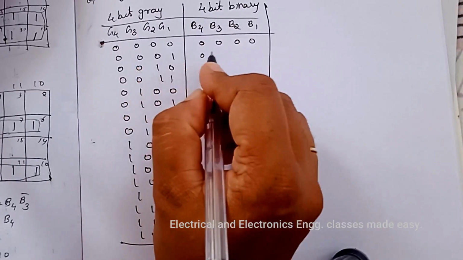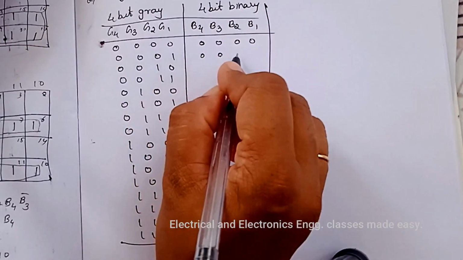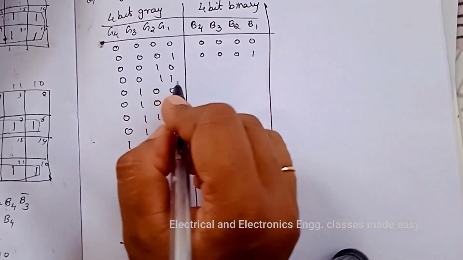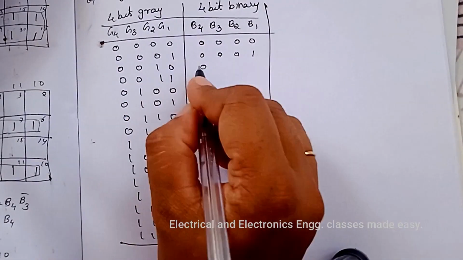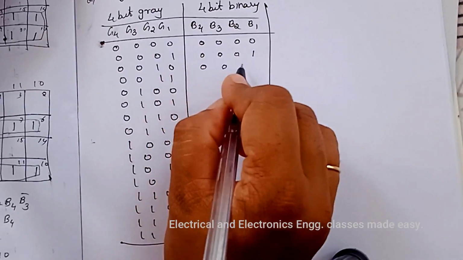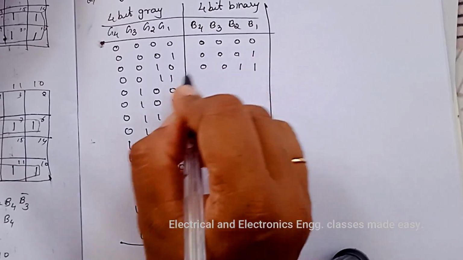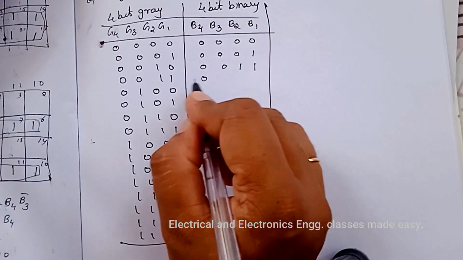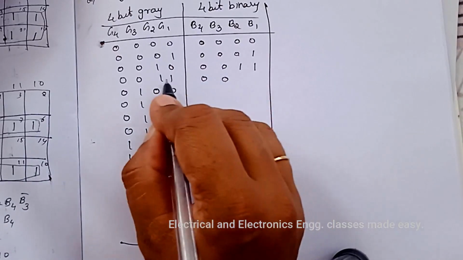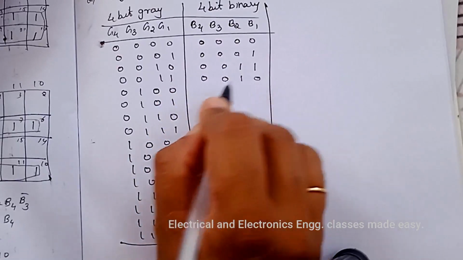Next 0, then add this 0 to the next number: 0 plus 0 is 0, 0 plus 1 is 1. Next is 0, 0 plus 0 is 0, 0 plus 1 is 1, 1 plus 0 is 1. Next 0, 0 plus 0 is 0, 0 plus 1 is 1, 1 plus 1 is 0.